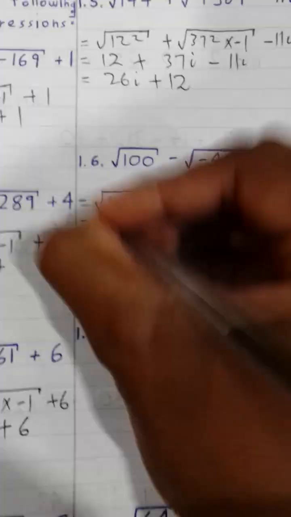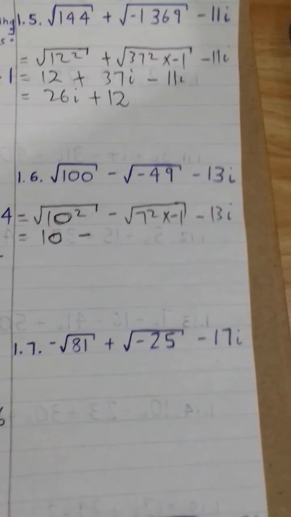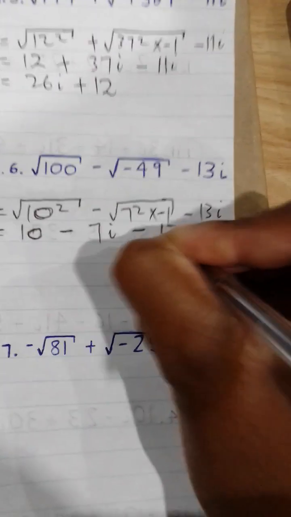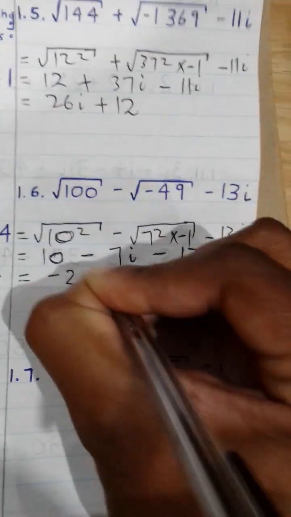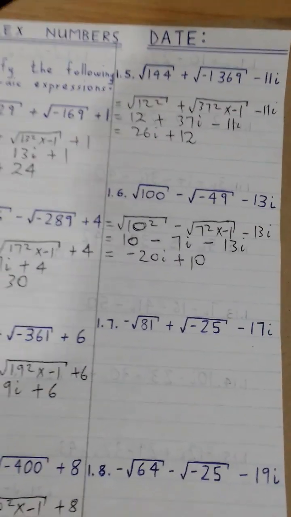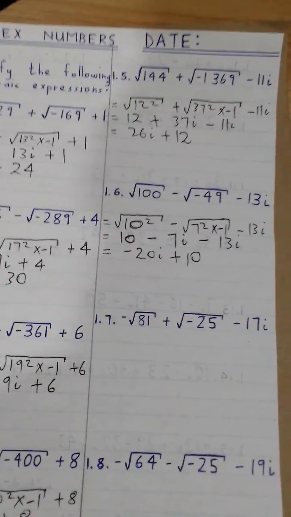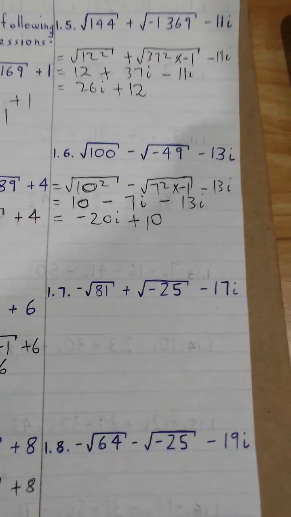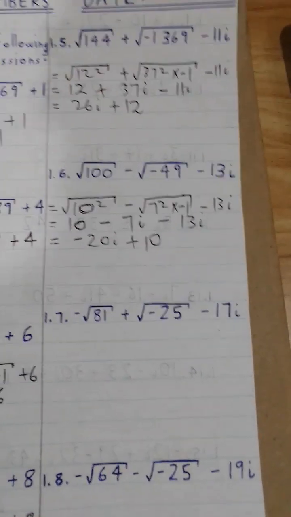Square root of 10 squared is 10, minus square root of 7 squared is 7 times square root of negative 1 is i, minus 13i. Negative 7i minus 13i is minus 20i, plus 10. Or you can say 10 minus 20i. Hope that is clear, and I hope that makes sense.